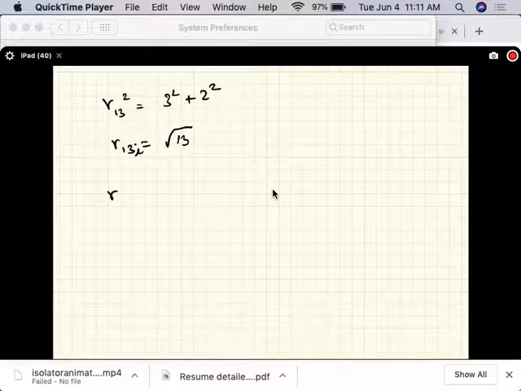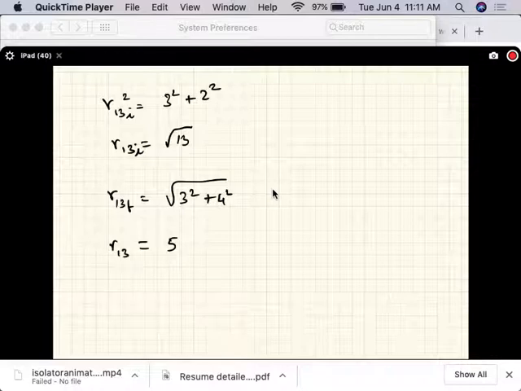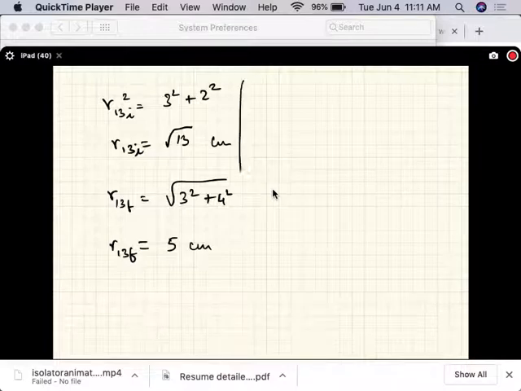And R13 final is 3 square plus 4 square, which is 5. You guys understand what's going on? So we'll need all of that.